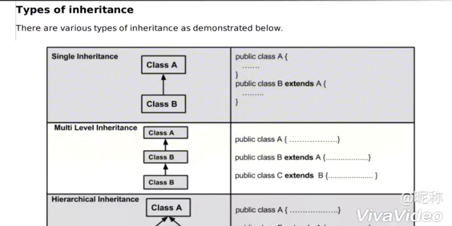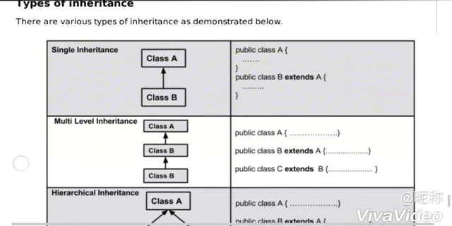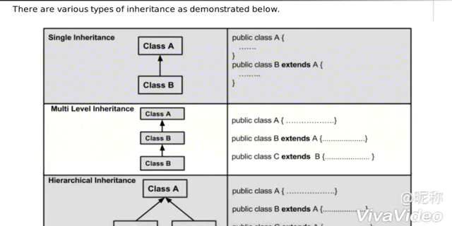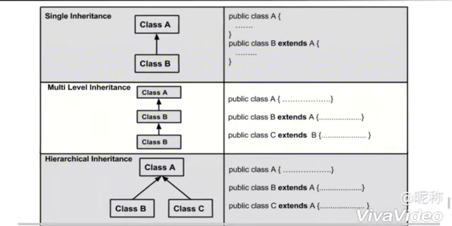Finally, now let us see the types of inheritance. There are three types of inheritance available in Java. Single inheritance, which we have seen now. All the examples which you have seen till now are all the examples for single inheritance. In multi-level inheritance, the superclass which you have seen in the above examples is a subclass for another class.